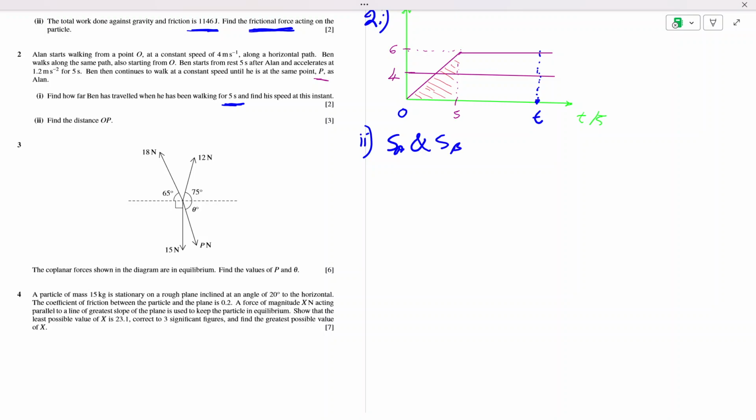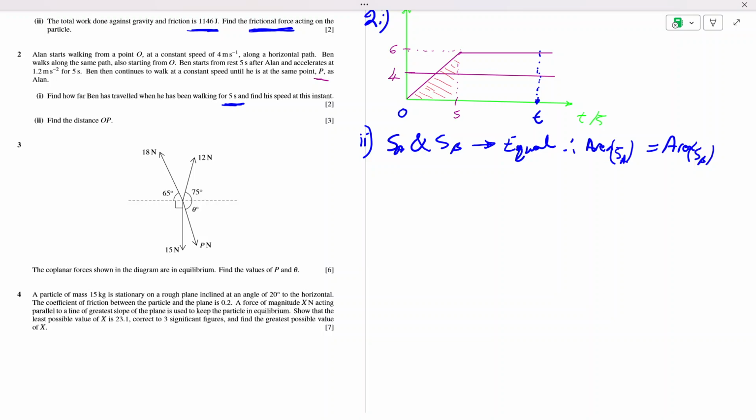At that point in time, when they have the same distance, that also means their areas are going to be the same, right? They'll be equal. Therefore, the area for SA is going to be equal to the area for SB. Okay.